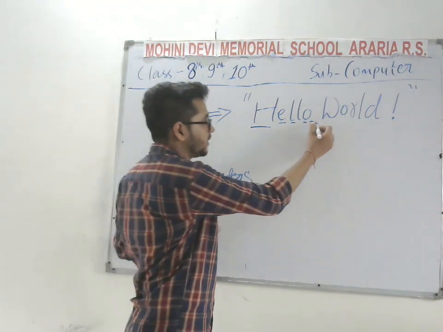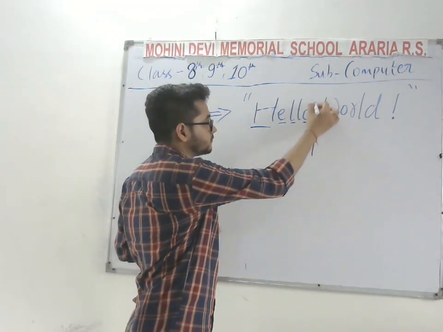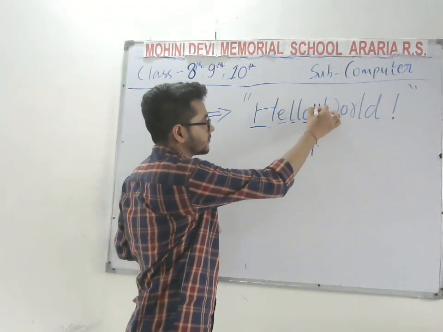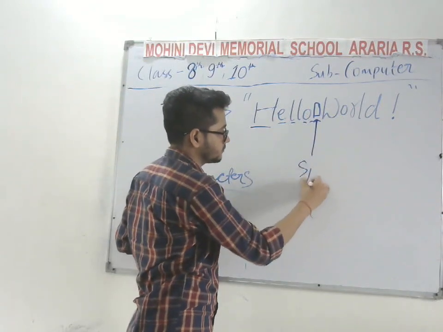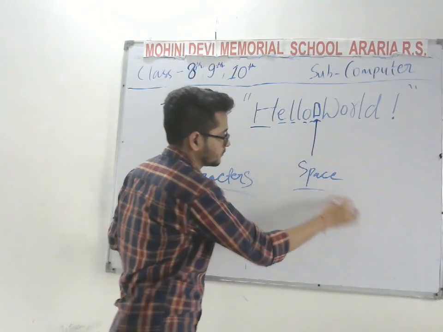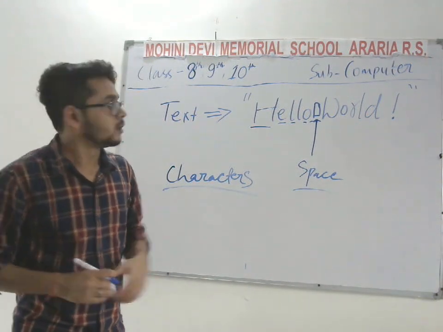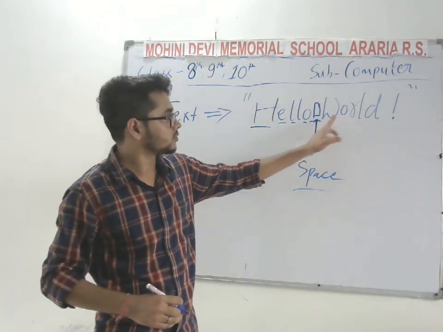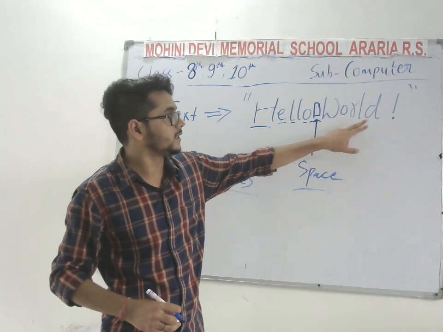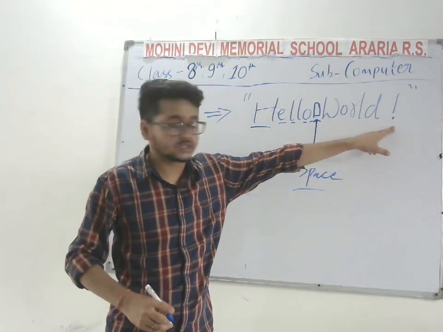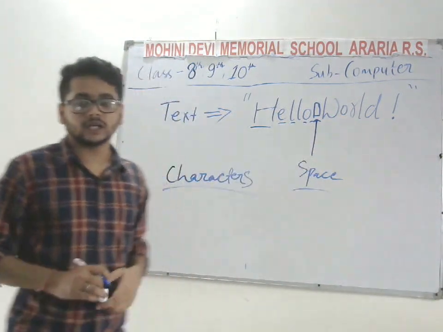So this space is also a character. We press space bar, right? So this space is also a character. And then we have different characters, world, W, O, R, L, and D. And we have this exclamation sign, which is also a character.